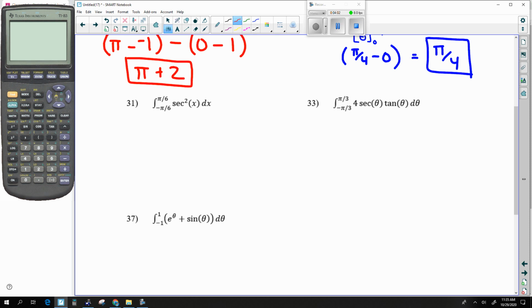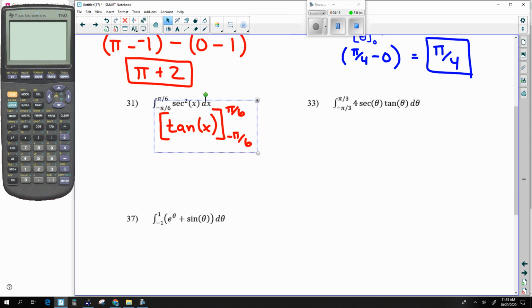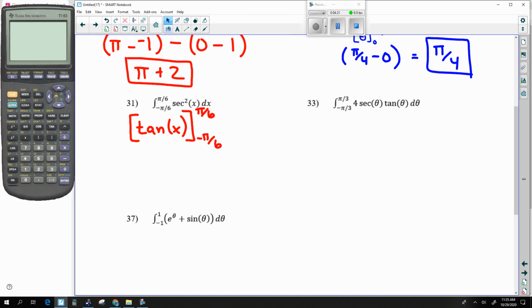All right, what creates a secant squared? That would be a tangent. All right, so we need to know information about negative pi over 6 and pi over 6.